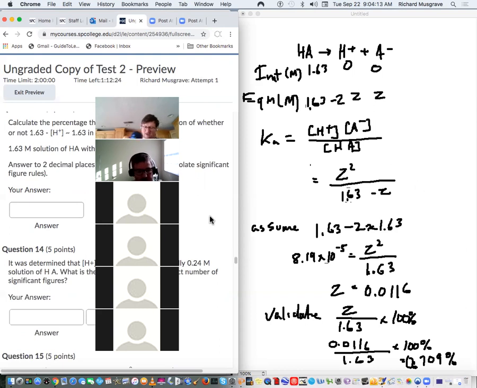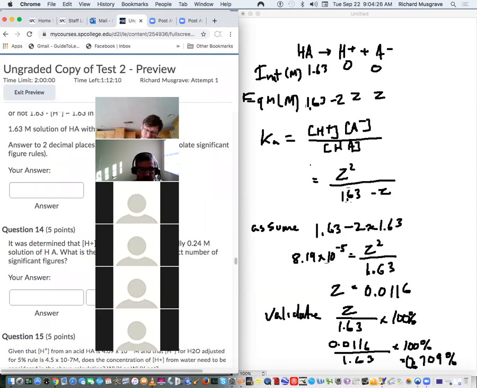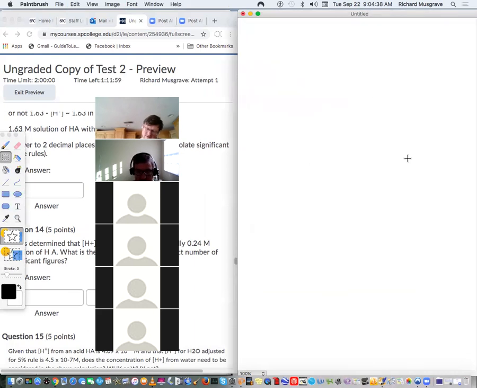Okay, the last one here is, again, we're doing pretty much exactly the same thing. We've got the concentration of H plus here, where it's actually been determined for us. In an initially 0.24 mole solution of HA, what's the new HA? Going back to the initial problem, this problem is actually not that hard.